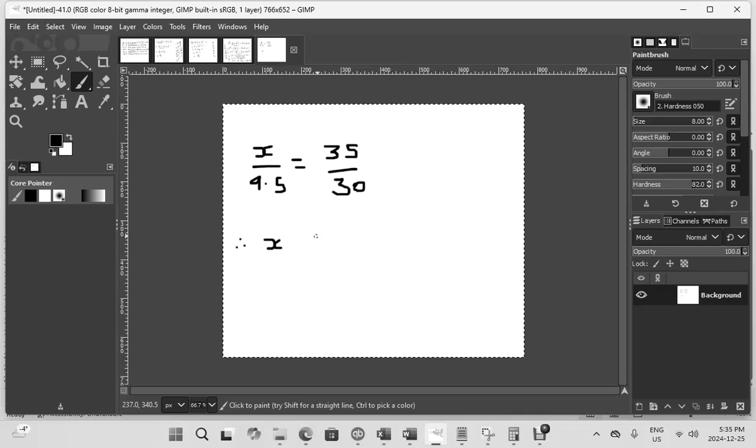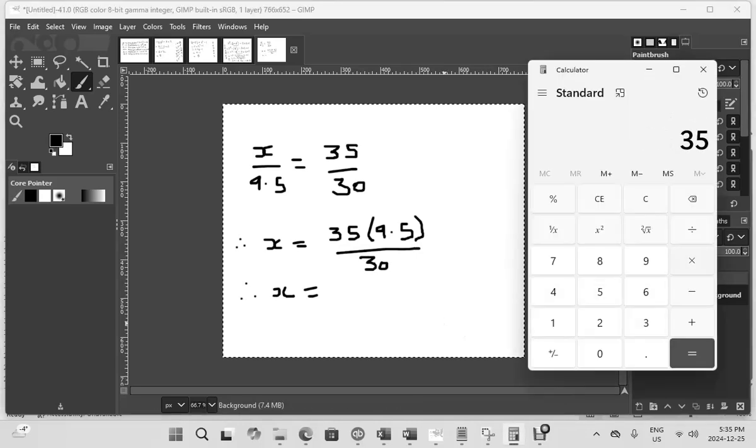Therefore, x equals 35 times 9.5 divided by 30, which means your x will equal 35 by 9.5 divided by 30. This will be 11.08.